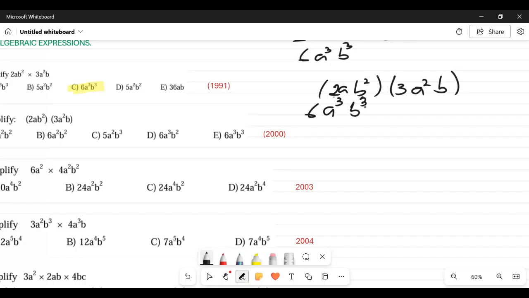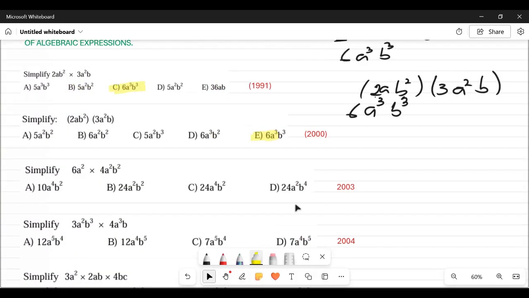So it's actually the same as the first one. All right, so the answer is going to be option E. Let's come to the next question.